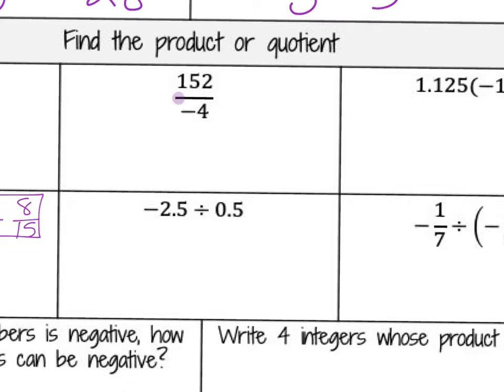152 over negative 4. Remember that the fraction bar means to divide. So 152 goes inside and 4 goes on the outside. 4 goes into 15 3 times.